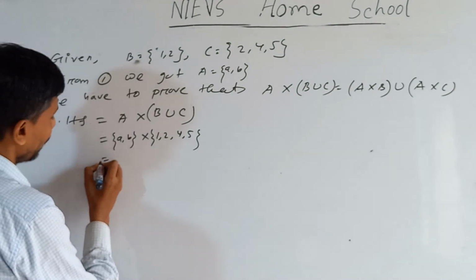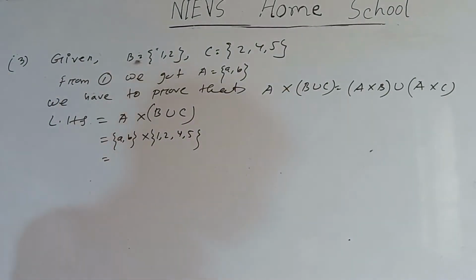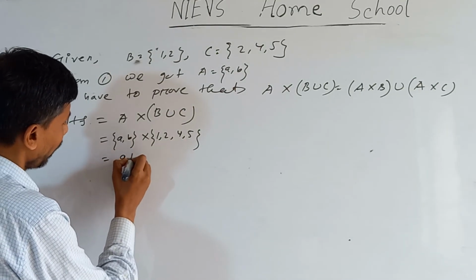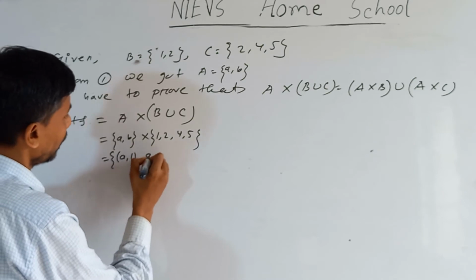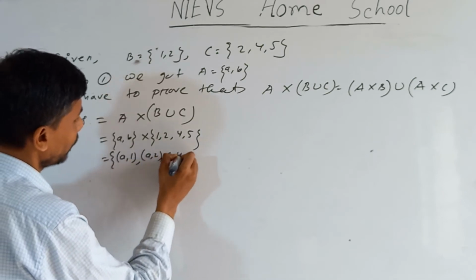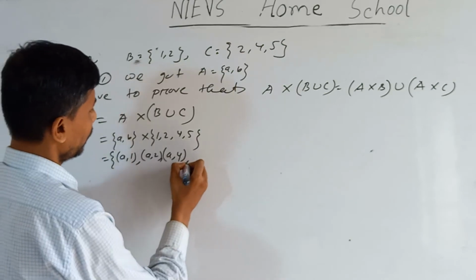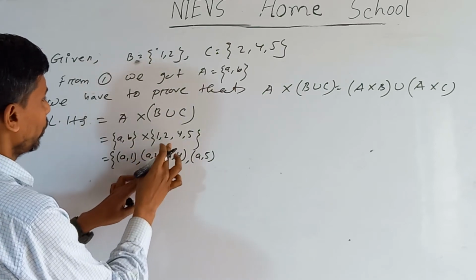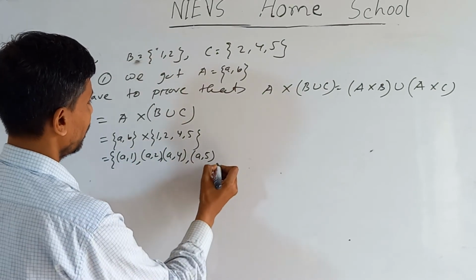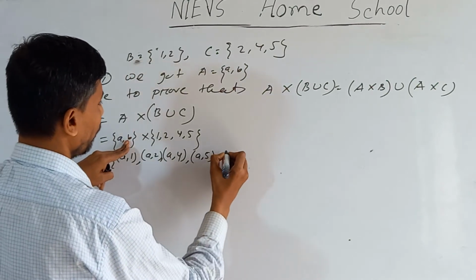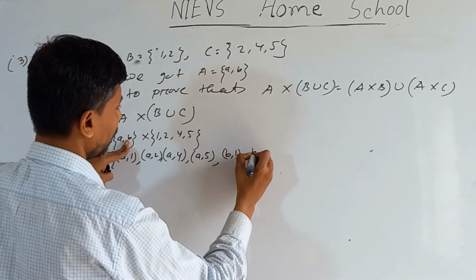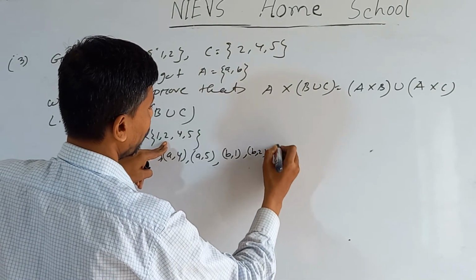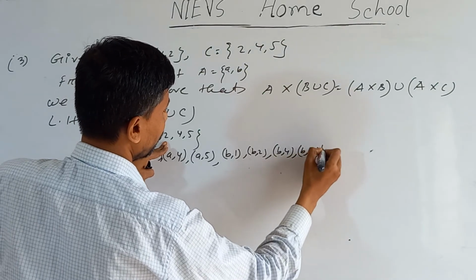Now we have to use the cross product, or cross multiplication, this way: a1, a2, a4, a5. Similarly, b1, b2, b4, b5.